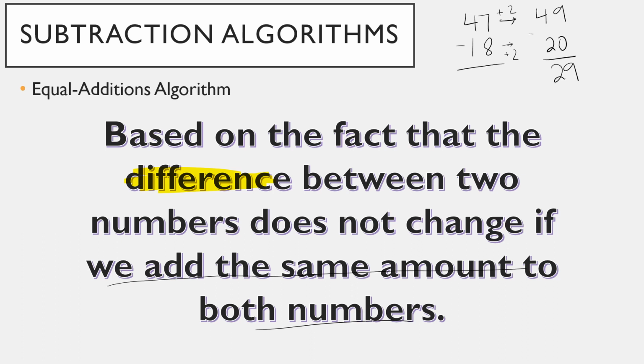Whereas if we were just using our standard algorithm, we would have to say, okay, we're going to have to borrow from 4 to make that 17. All right, so the equal additions method focuses on taking that subtrahend and making it end in a 0, if that makes sense.